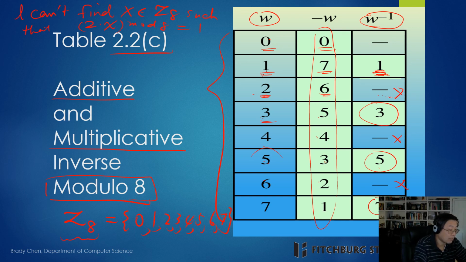If we talk about any other set like Z10, Z20, Z100, that's not always the case. The multiplicative inverse modulo n is not necessarily the same as the number itself. So that's the accident: 0, 1, 1, 3, 3, 5, 5, 7, 7. That's an accident.